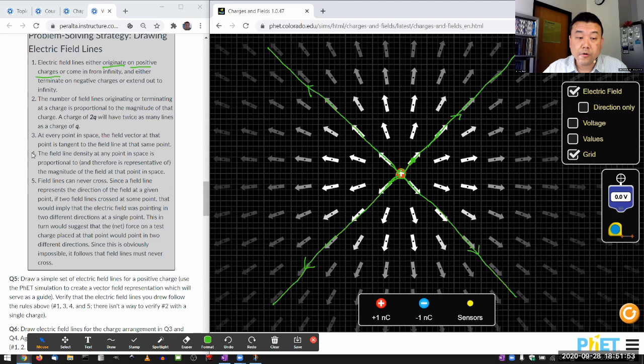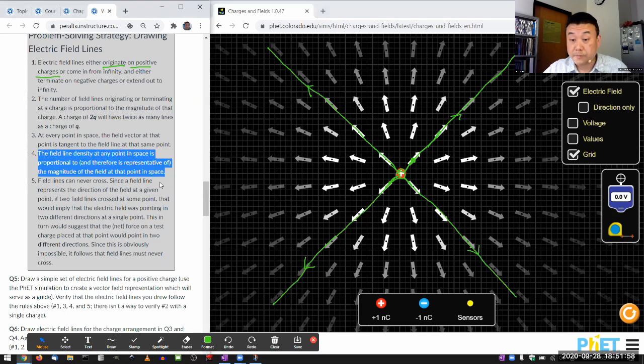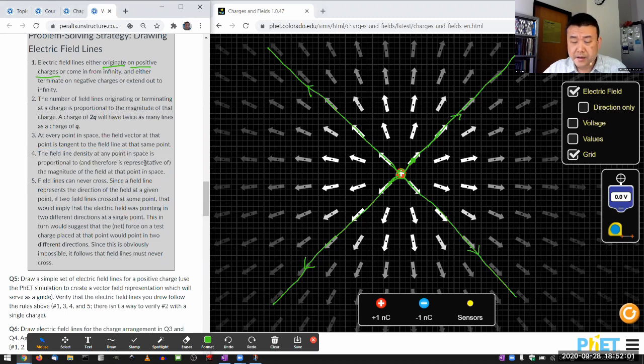I find 4 the most interesting, which says that the density of field lines represents how strong the electric field is. As you look at it, I hope you realize that's true. In the neighborhood close to the charge, where the lines are close together, the electric field is strong. Compare that to out here, where the lines are far from each other, so the electric field is less dense.